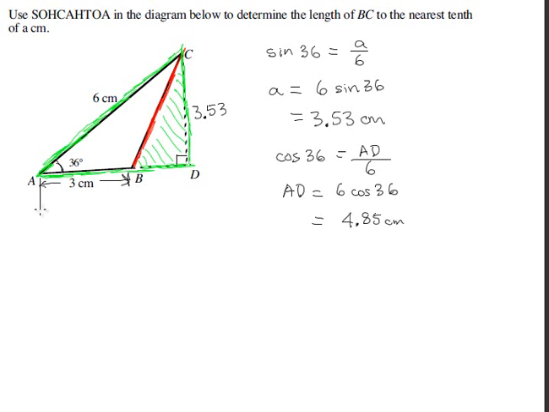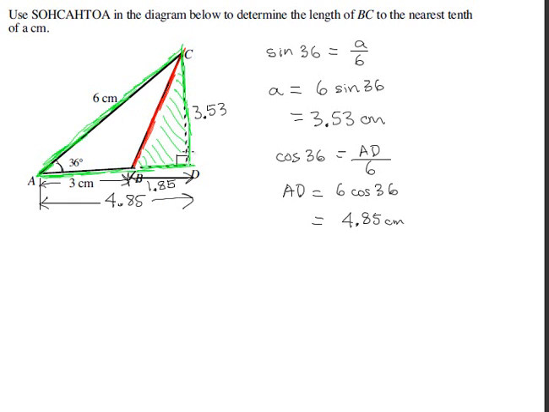Now, that means all the way from A over to D is 4.85 centimeters, and we know that this chunk is 3 centimeters, so how far is the little stub from B to D? 4.85 minus the 3 that's over on this side means this must be 1.85.